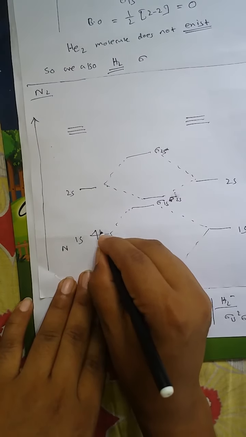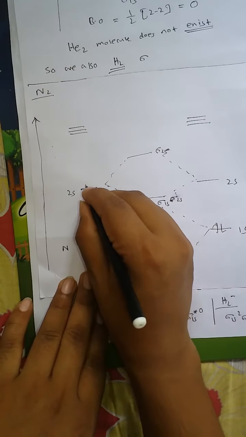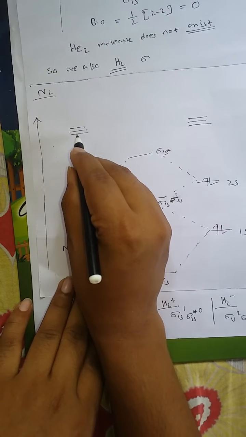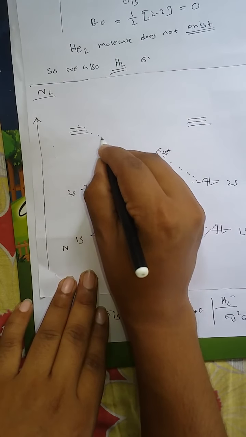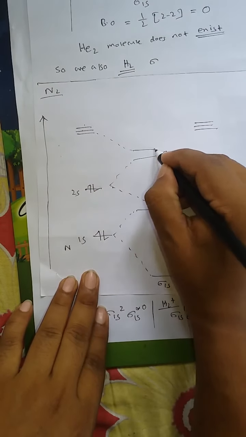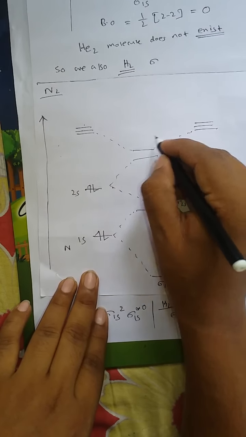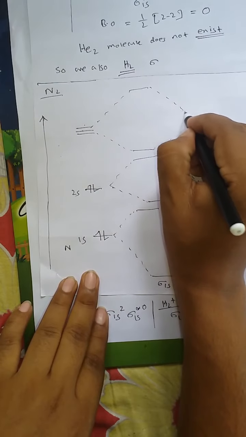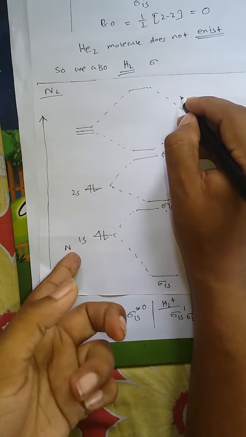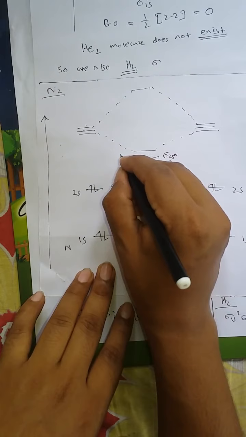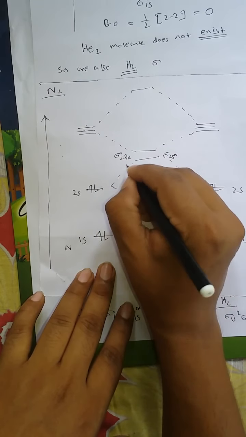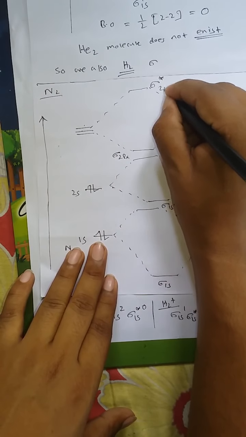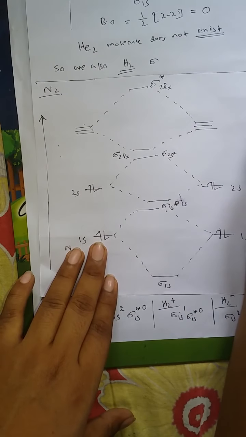In case of 2p, the 2px, 2py, 2pz: the 2px forms a sigma orbital, and one forms an anti-bonding molecular orbital. Sigma 2px forms BMO and sigma star 2px forms ABMO. Clear?